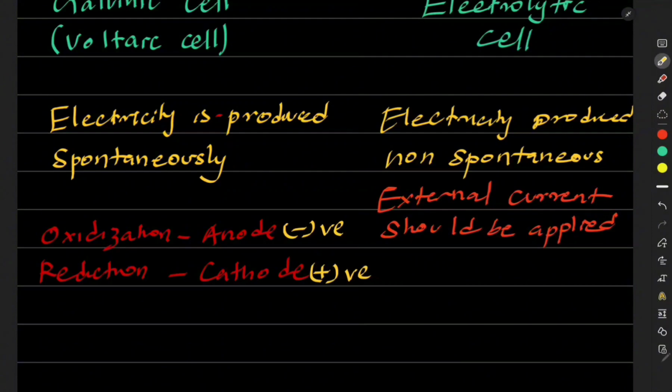That cell is called an electrolytic cell. If sufficient potential or external current is supplied to a galvanic cell, it will turn into an electrolytic cell.